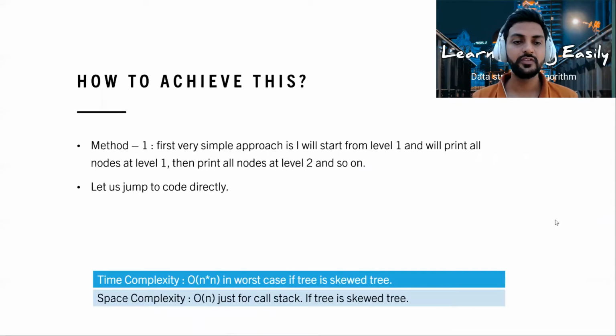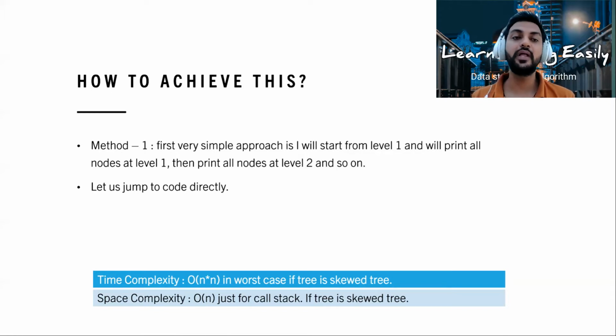Here in that approach, first of all, we will get how many levels our tree has. To find the number of levels, we can use the concept of the height of the binary tree, for which I have also uploaded a video. Now I think you will understand why I am uploading the videos in this way.